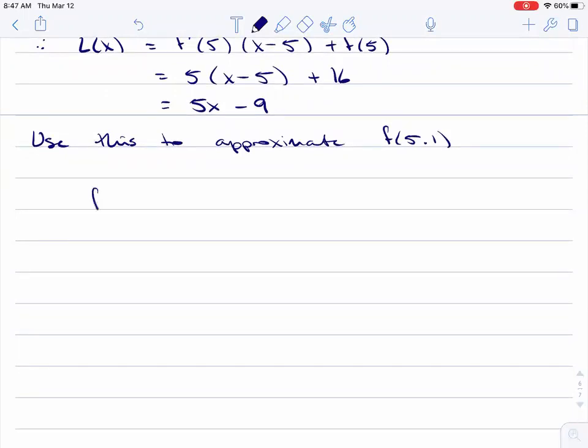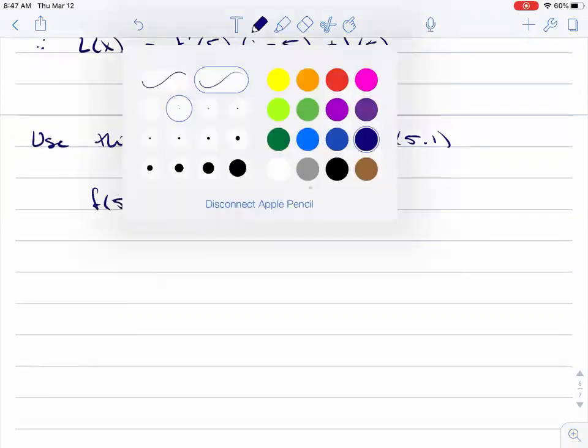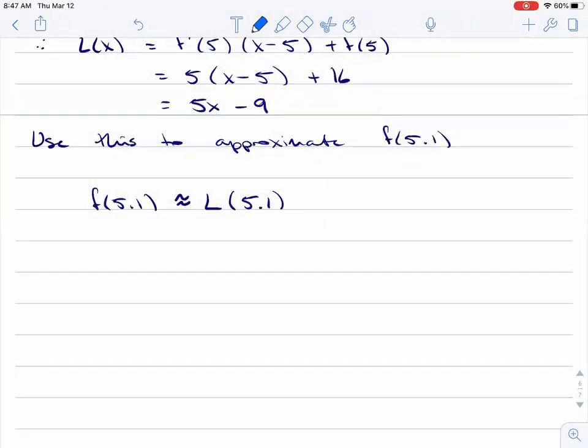So what we're saying is that f of 5.1 is roughly equal to the linearization at 5.1, and I'll just justify it here since 5.1 is close to 5. Since x equals 5.1 is close to x equals 5.